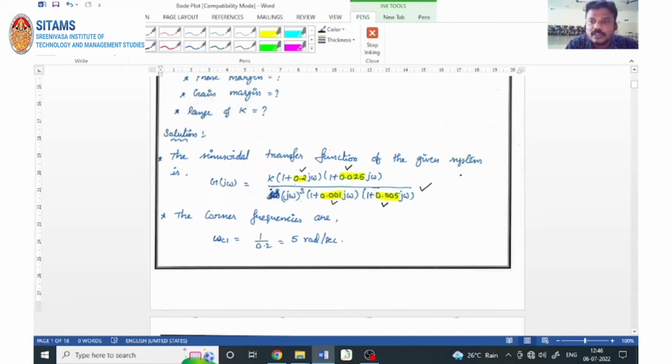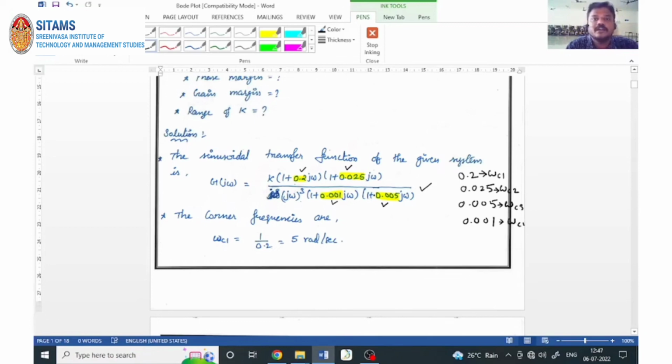The first one will be 0.2, the second will be 0.025, the third will be 0.005, and the last one will be 0.001. Why am I sorting the time constants in descending order? The first will produce the first corner frequency omega c1, the next will give the second corner frequency omega c2, then omega c3, and the last will give omega c4.